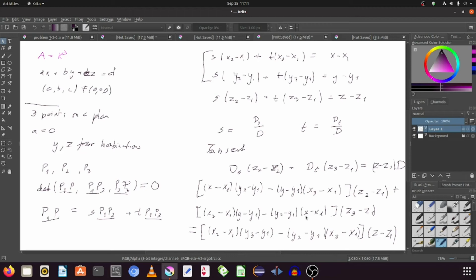So x minus x1, y3 y1 y2 y1 z z. So it's actually a determinant.